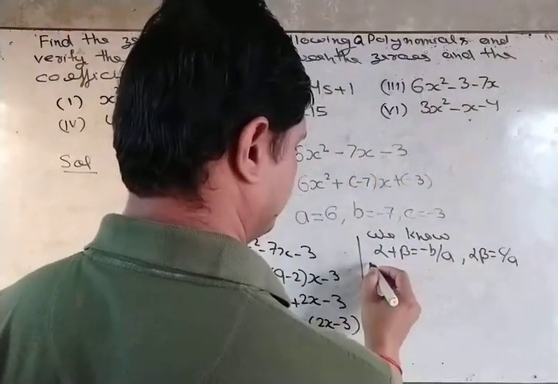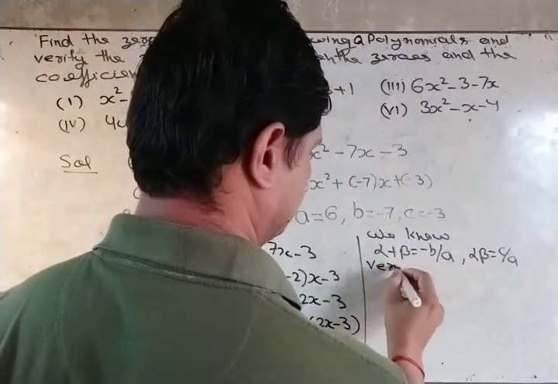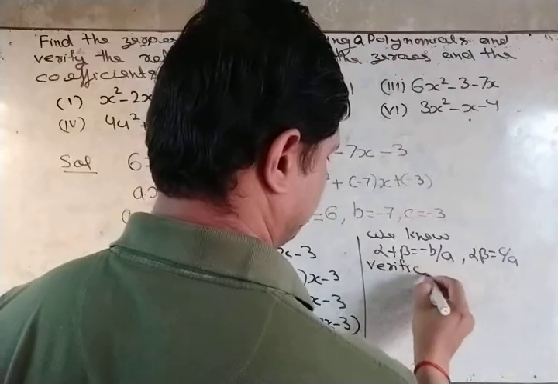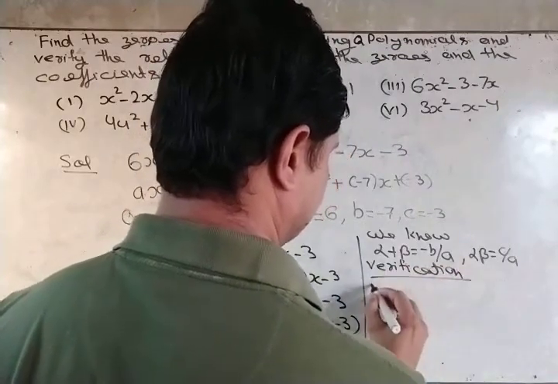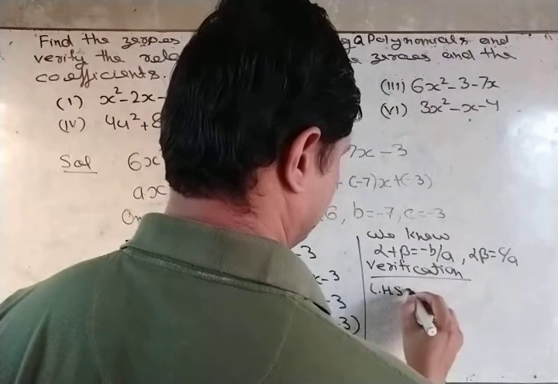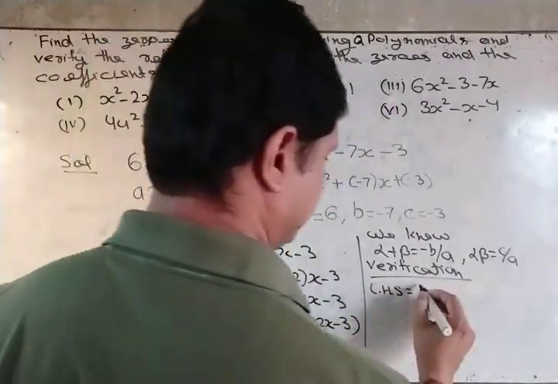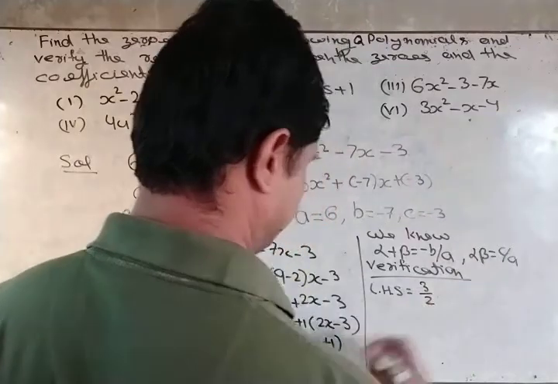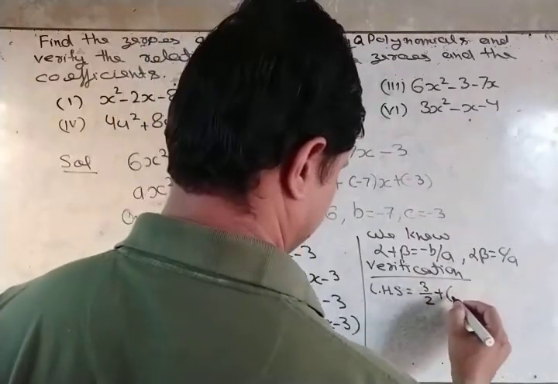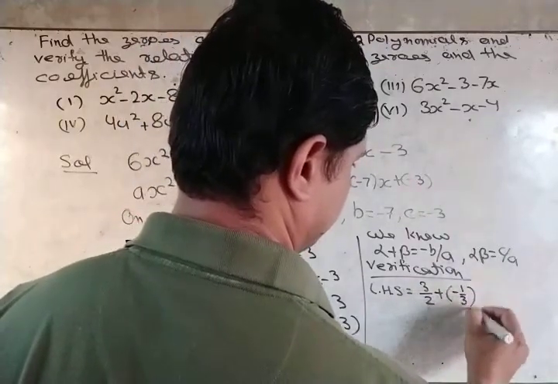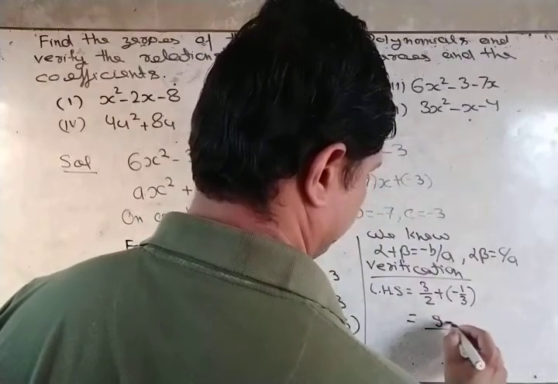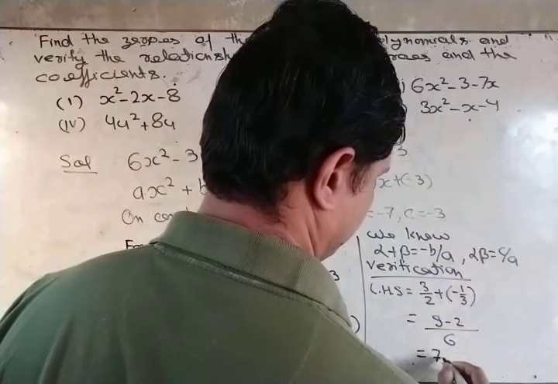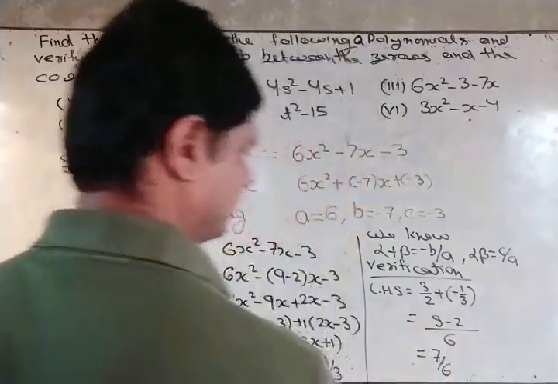So verification, LHS: alpha is 3 by 2 and beta is minus 1 by 3. When you subtract, you get 7 by 6.